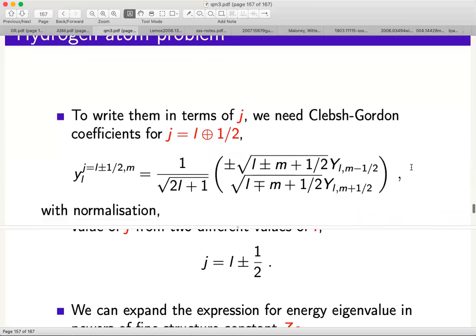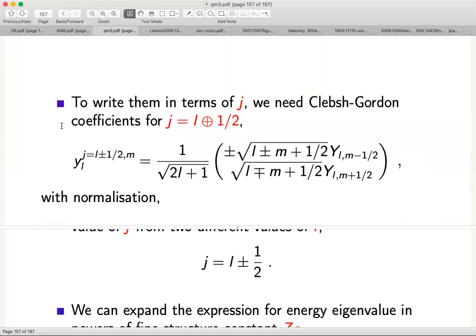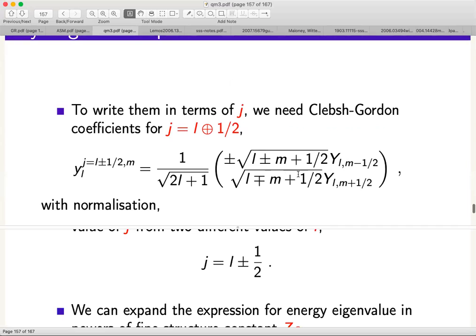So you can write these in terms of the j variable, which is the natural variable that you would get in the Dirac equation. In the Schrodinger equation you get L and S as variables, because they are independent quantities in some sense: one occurring naturally in the equation, the other put in by hand. Here, both of them occur naturally. So you work in the j basis.